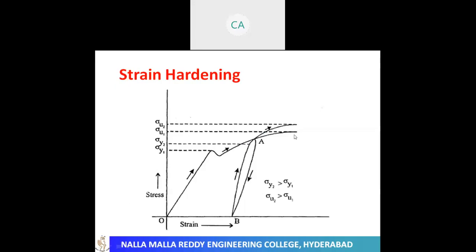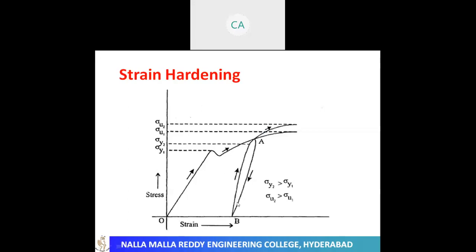But let us stop the test much before the fracture. Then we unload the specimen. Unloading follows a parallel line. We loaded and unloaded. This much residual plastic strain remains in the material.